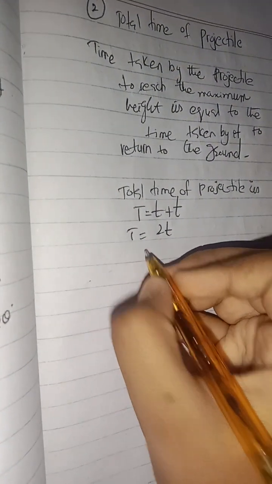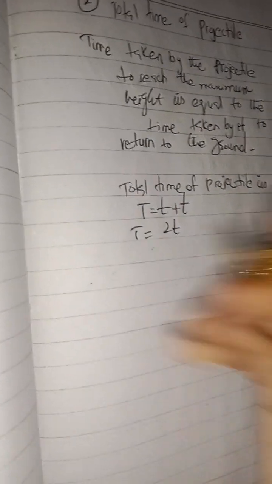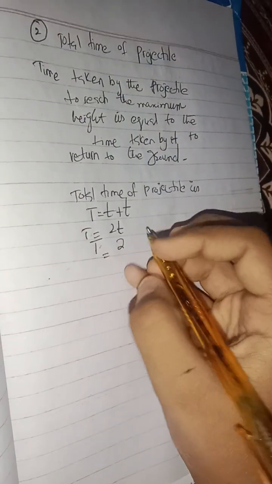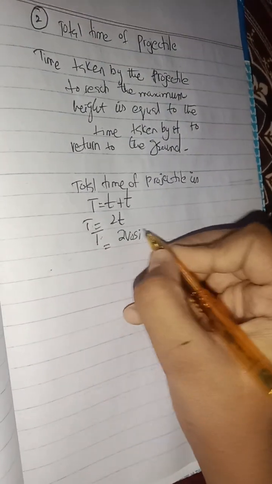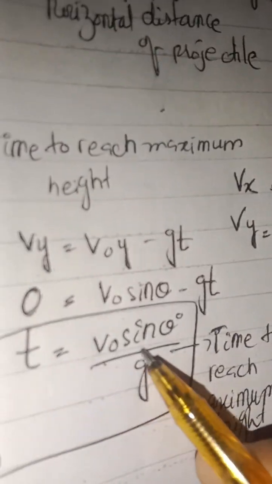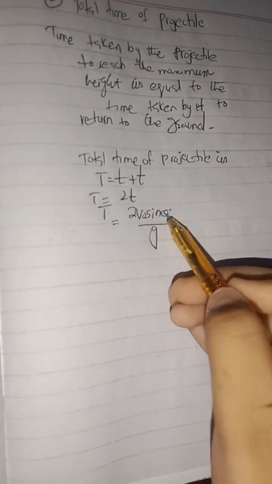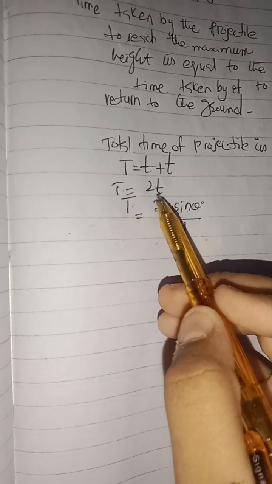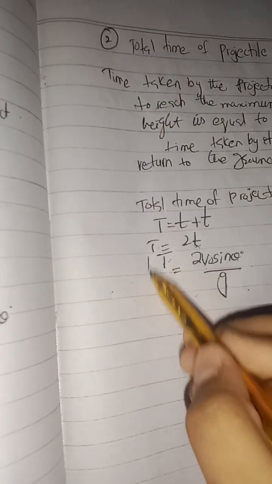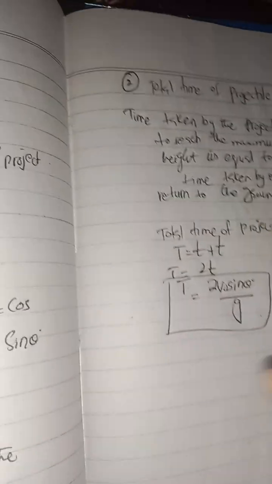Now to find the total time, we write t equal to 2 V naught sine theta upon g. You may ask how V naught sine theta upon g appears: we already found it is the formula of the time to reach the maximum height, so we have simply written that value of time. So it is the second formula, the total time of the projectile.